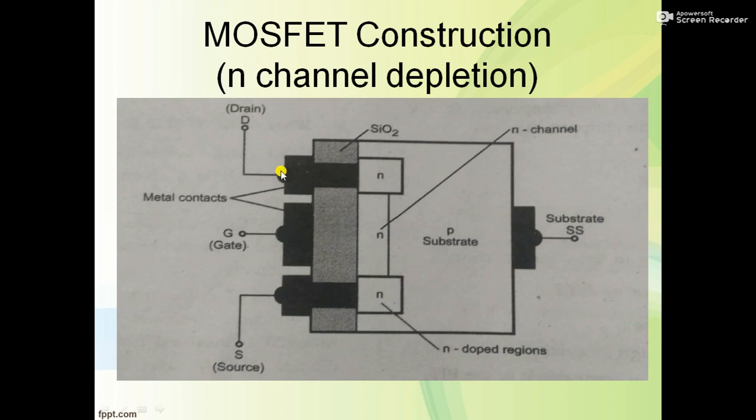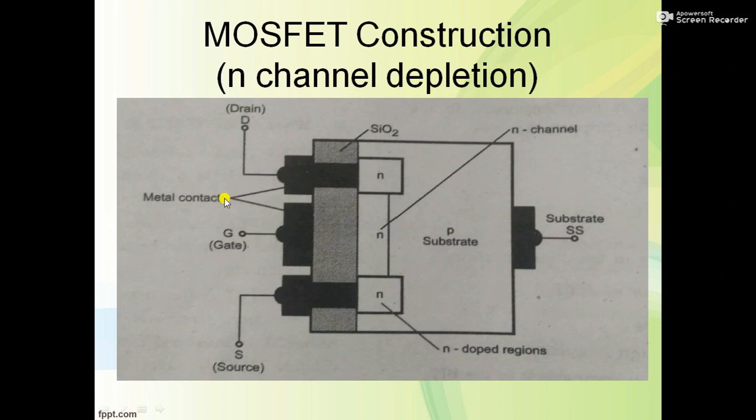One terminal, the drain, is from one N-doped region. Another terminal, the source, is from the other N-doped region, and the gate is in between drain and source. There is a metal contact between the gate and the N channel.